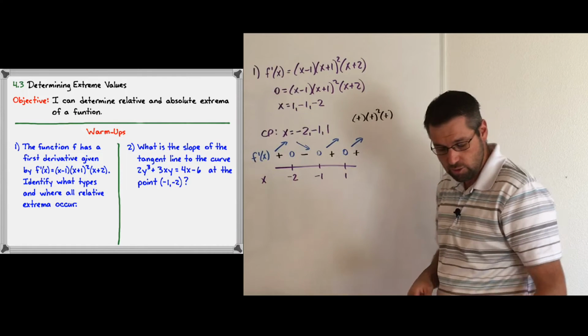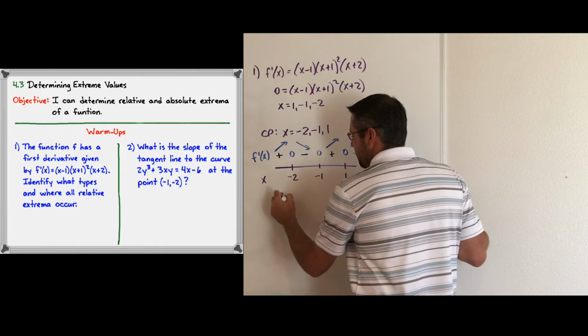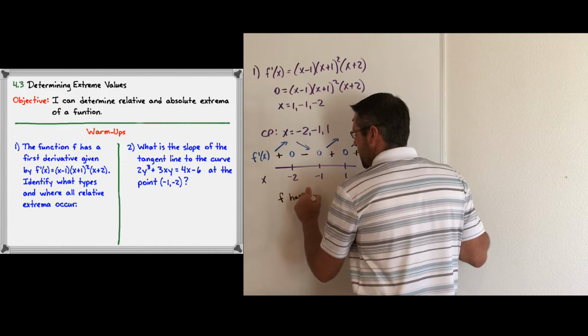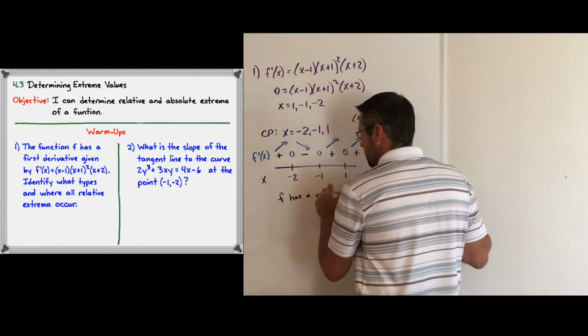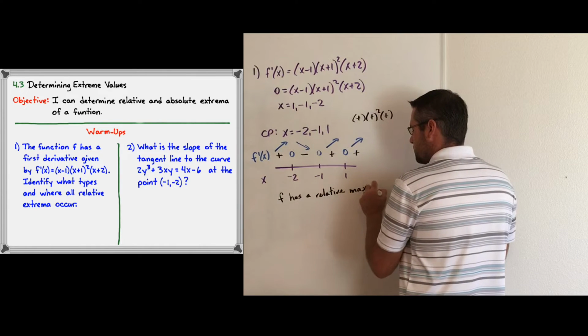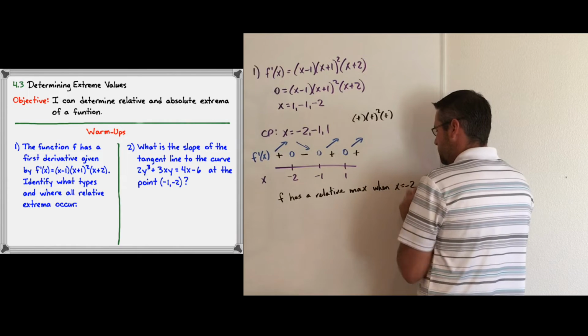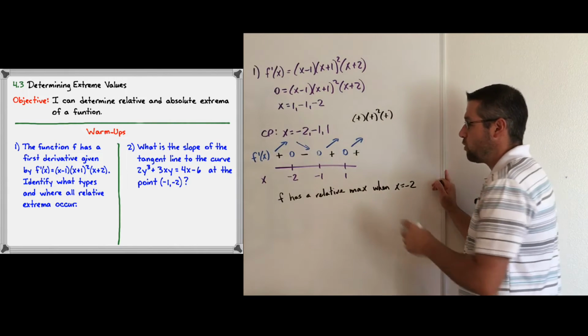So we can conclude here that f has a relative maximum when x equals negative 2, okay? And we're going to justify this.